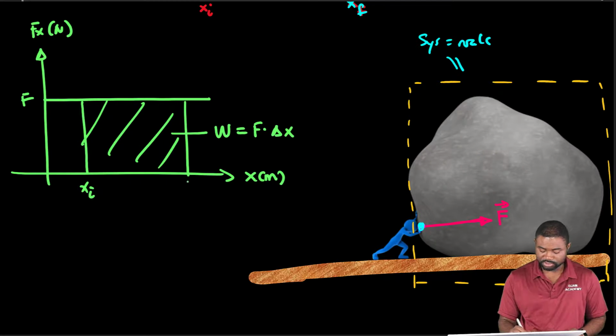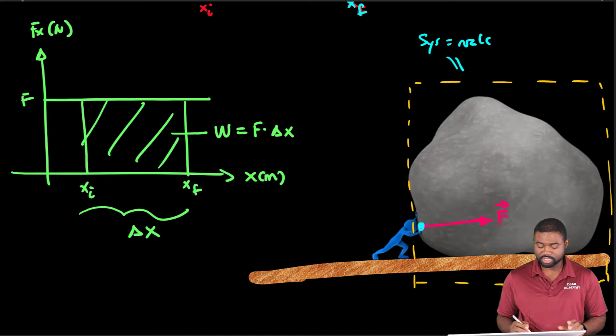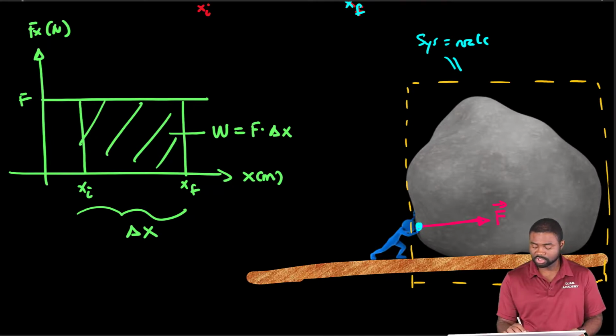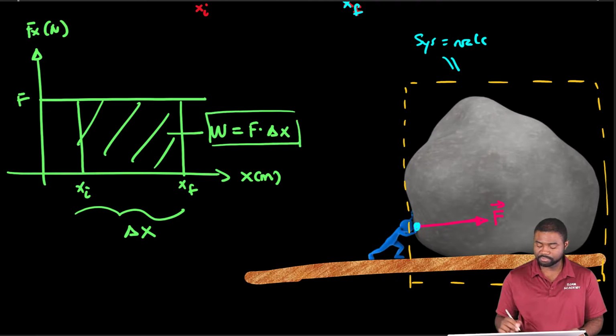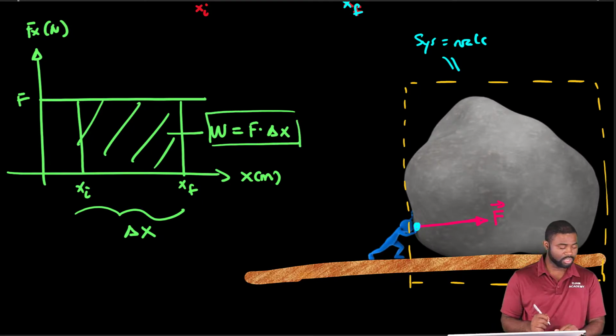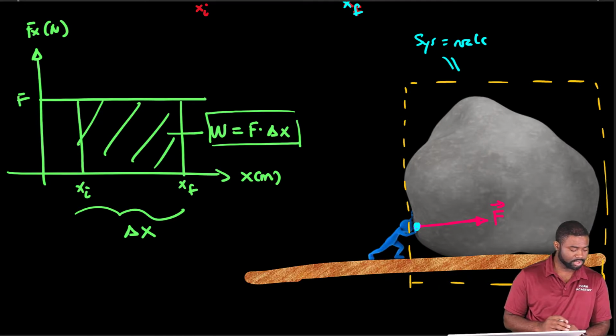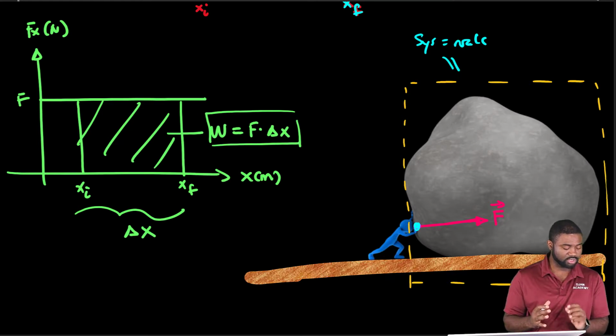This is x initial, this is x final. So this distance from here is delta x. The area is just length times width, and the length is the displacement, the width is really the force. So the area bounded by this graph is simply the work done by the force. In other words, the work done by the force on the system is simply the area under the force versus position graph, as indicated by the shaded area.